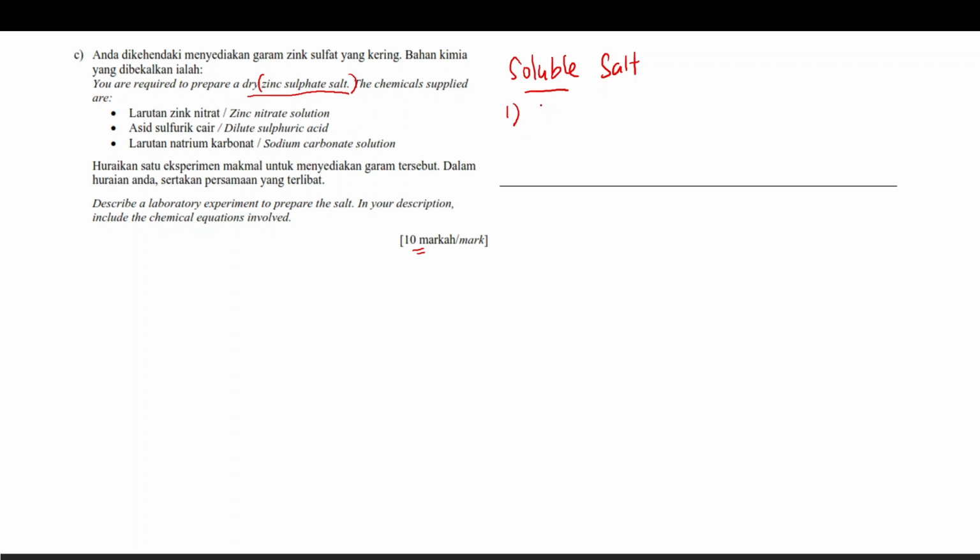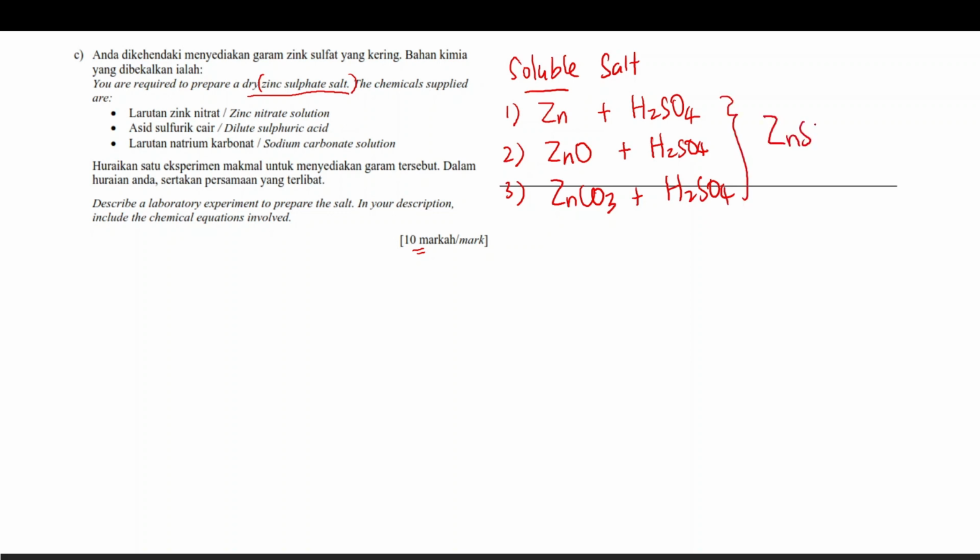Method 1, we can use the metal zinc with sulfuric acid. Method 2, we can use the metal oxide, zinc oxide, reacting with sulfuric acid. Method 3, we can use zinc carbonate reacting with the acid. All these three will produce zinc sulfate salt.